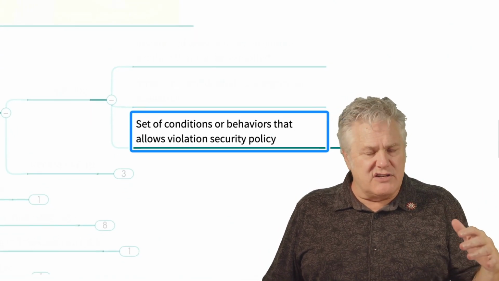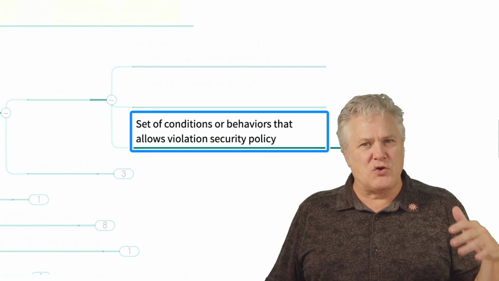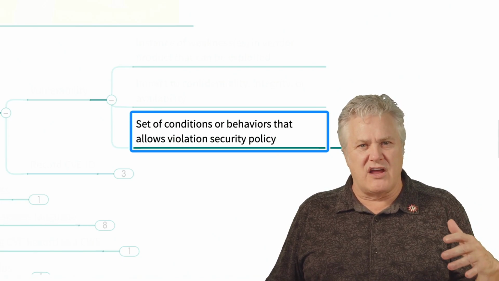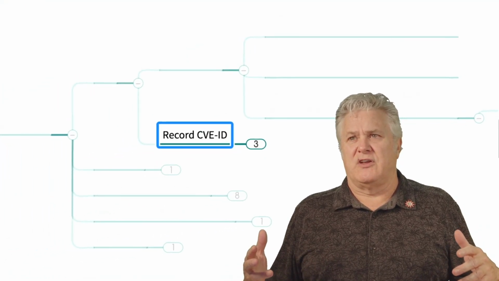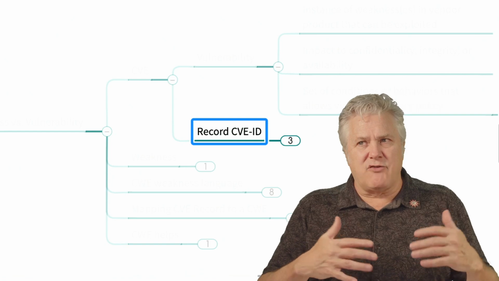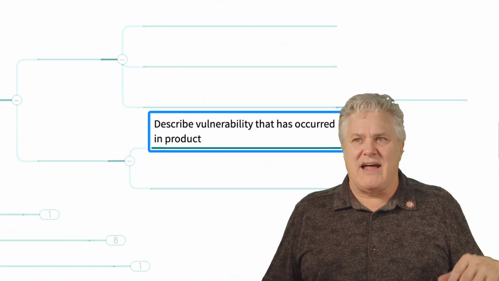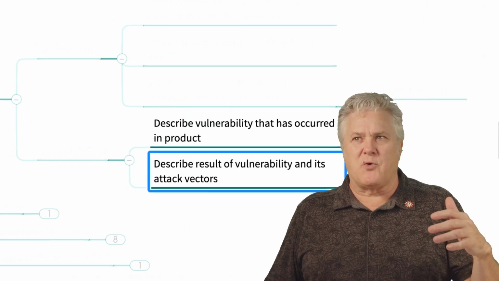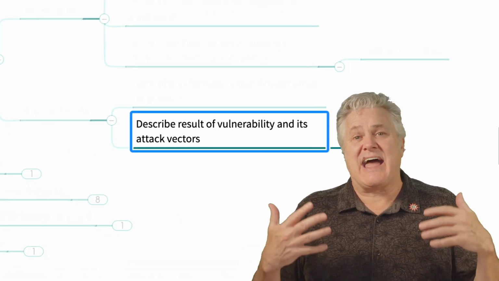Now, this is a set of conditions or behaviors that allows violations of security policies for our organizations. Those security policies could be explicit or implicit. What you get from that is a record, or a CVE ID, that describes the vulnerability that occurred in the product and describes the result of the vulnerability and its attack vectors.